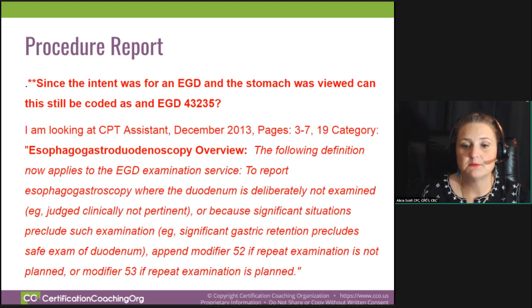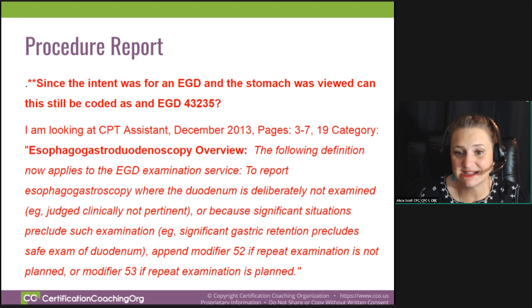Or because the situation precludes such examination, meaning for some reason you can't see everything, and it would say something like significant gastric retention, and that would mean there's food in the stomach. There's something in the stomach that's not allowing them to see.